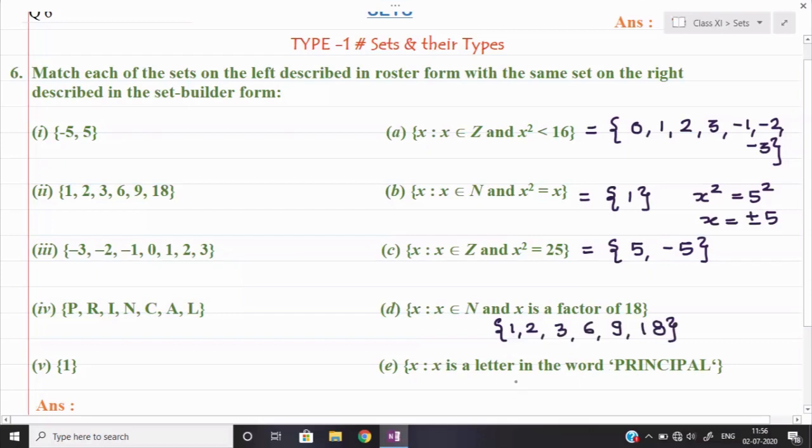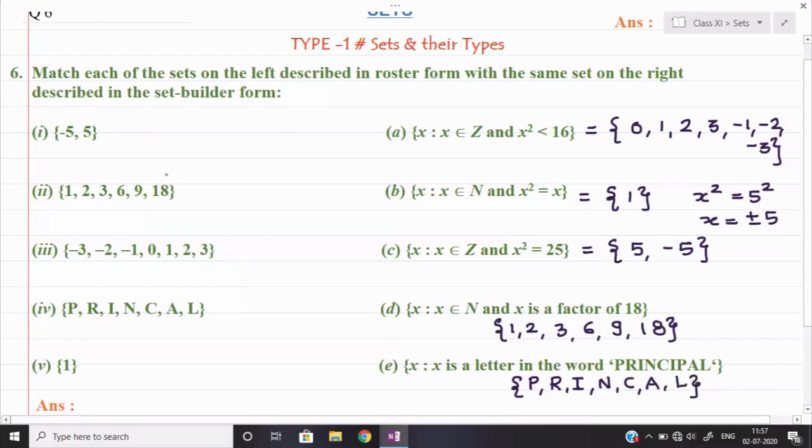So if I write down all the letters, the first letter will be P, the second one is R. Remember, we cannot repeat any letter here. Then I, N, C, then again I is coming, leave it, P is coming, you can also leave, then A, and the last one is L. Now try to match.